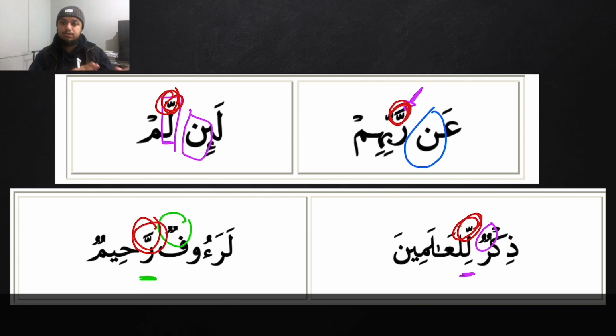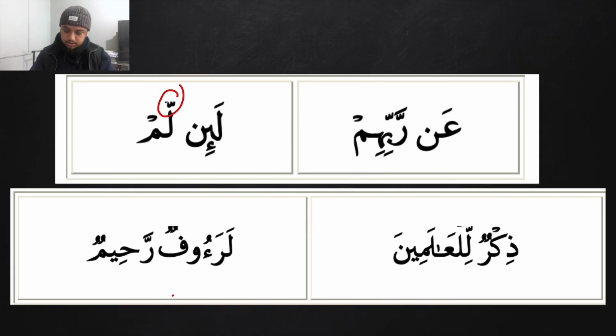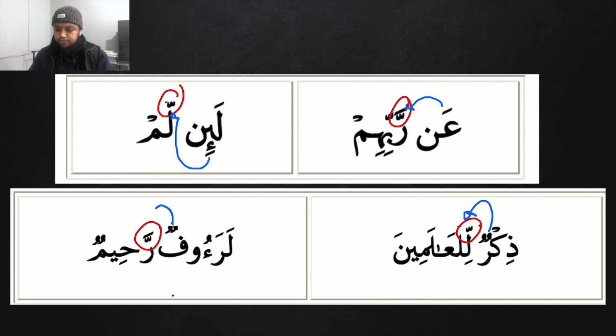It attracts whatever haraka is before it. This shows that there is idgham without ghunnah. So the haraka is attached to it. For example, ar rabbihim la illam dhikrul lil alamin la ra'ufur rahim.